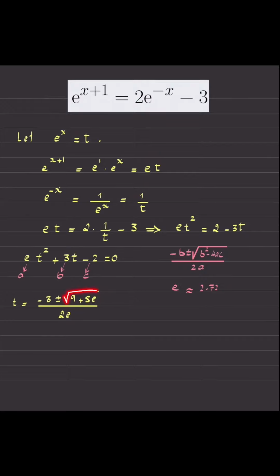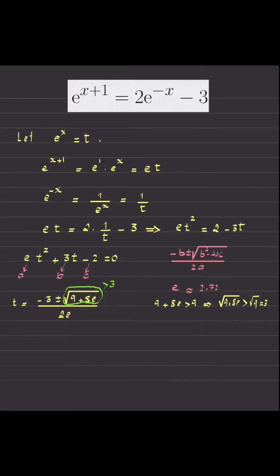On the other hand, 9 plus 8e is definitely greater than 9 itself. So the square root of 9 plus 8e is definitely greater than the square root of 9, which is 3. So remember, this number that we have here is a number greater than 3.